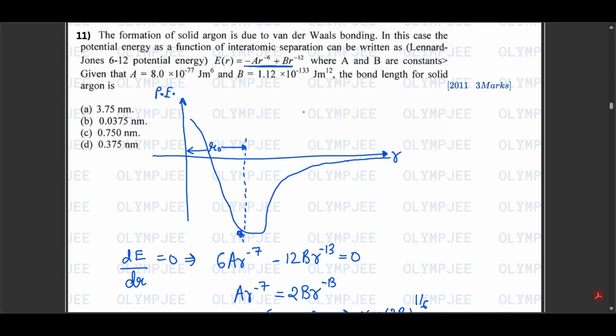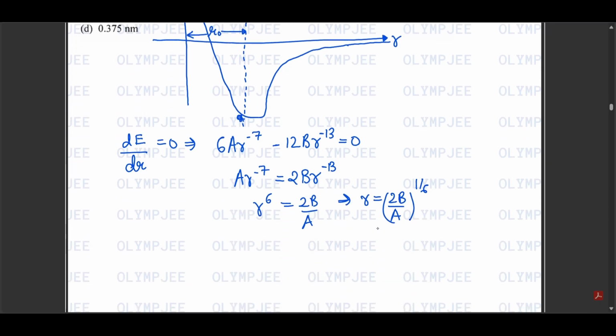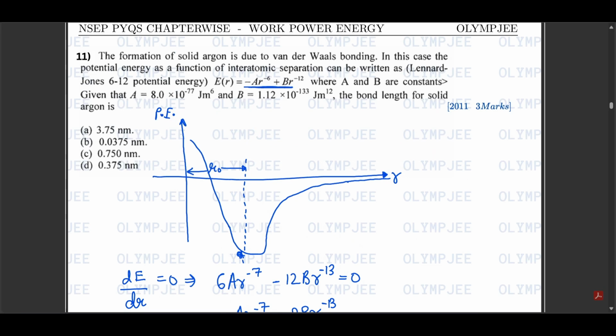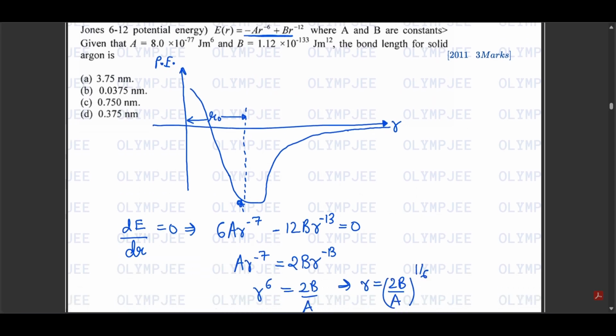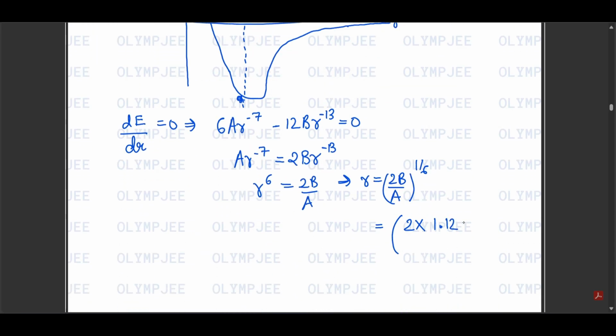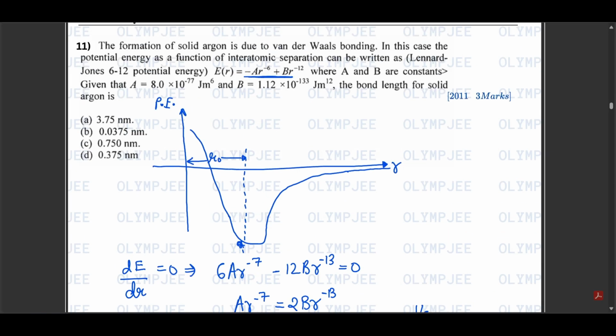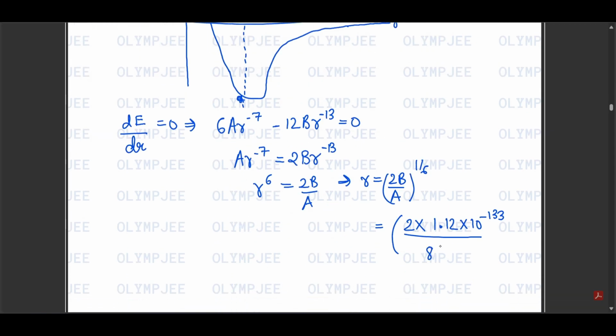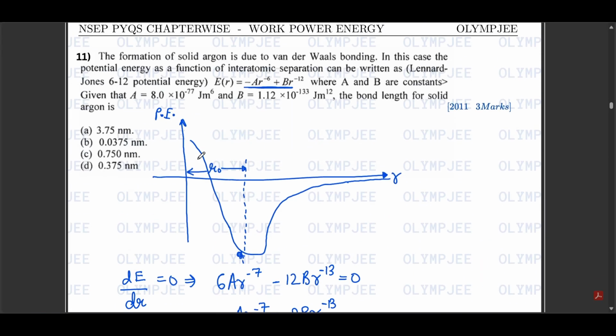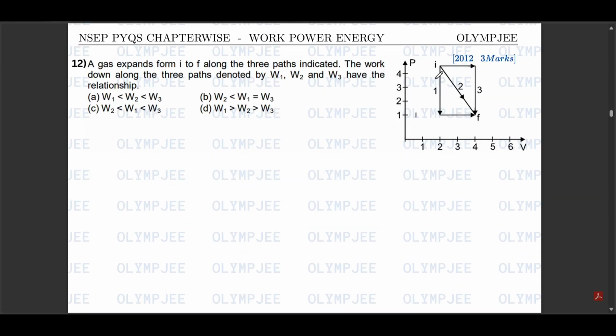So if we put b and a, 2 multiplied by 1.12 × 10^-133 divided by 8 × 10^-77, raised to the power 1/6, and if you solve this, you will get the answer as 0.375 nanometer.